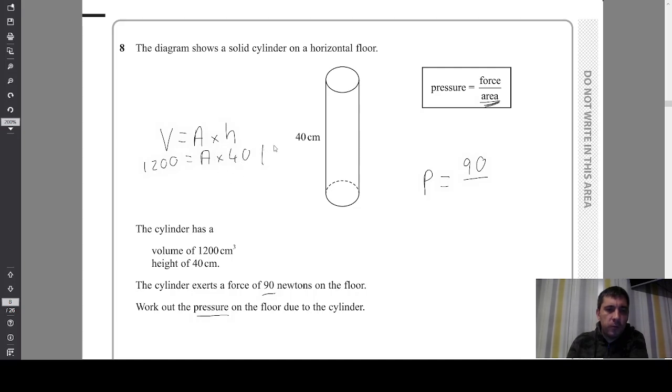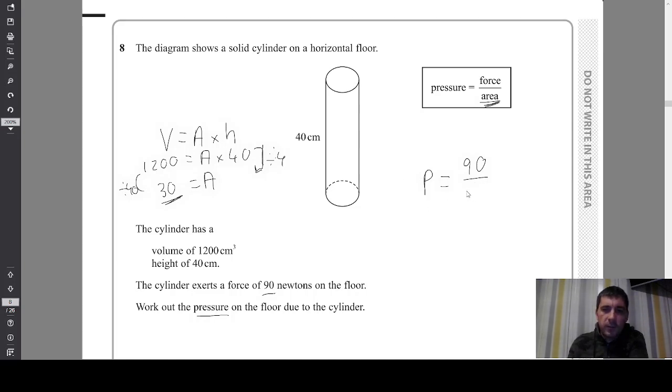From there, once we divide both sides by 40, we get that the area is 30 centimeters squared. I'm not going to use units, so area equals 30 centimeters cubed. Okay, not cubed, squared in this case.